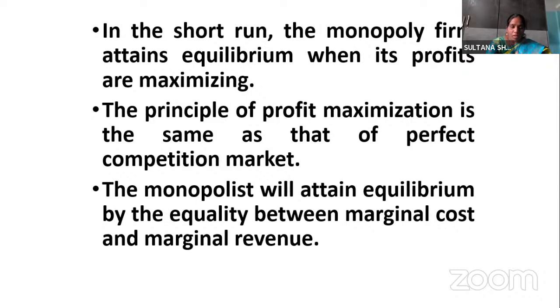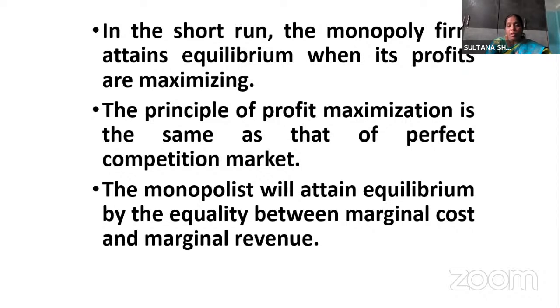Here the consumer is a rational consumer and the producer is a rational producer. A rational consumer is one who wants to maximize his satisfaction. A rational producer is one who wants to maximize his profits. Now, in the monopoly market, the single seller's main aim is maximizing the profit.